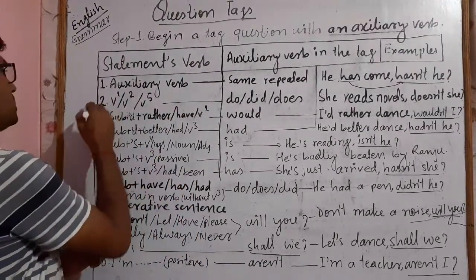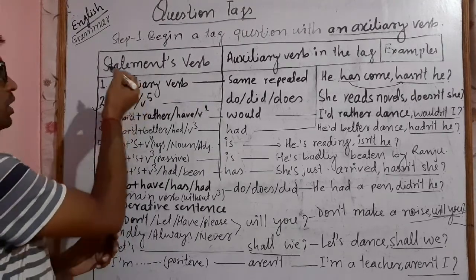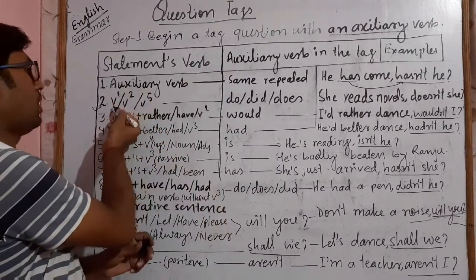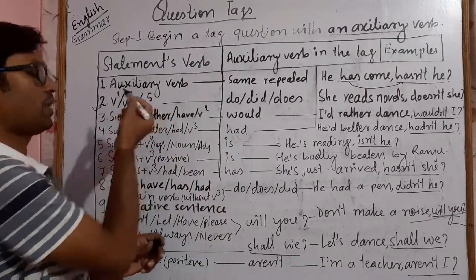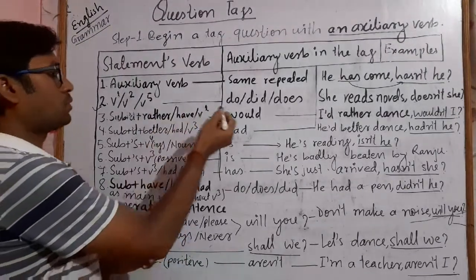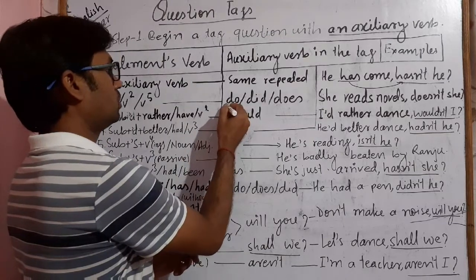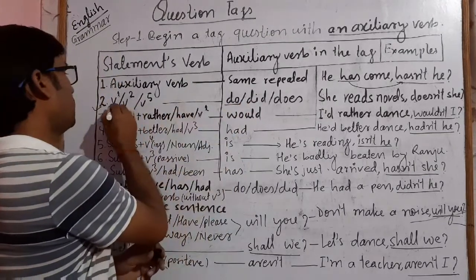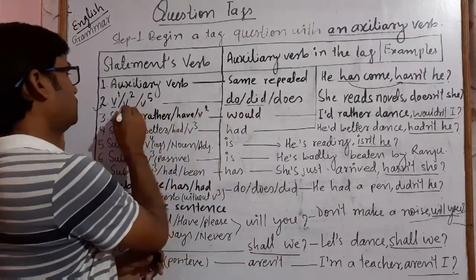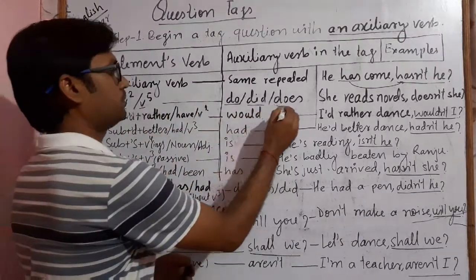Now we are going to talk about the second one. Likewise, if you find verb 1, verb 2, or verb 5 in the statement, then you have to use do for verb 1, did for verb 2, and does for verb 5.